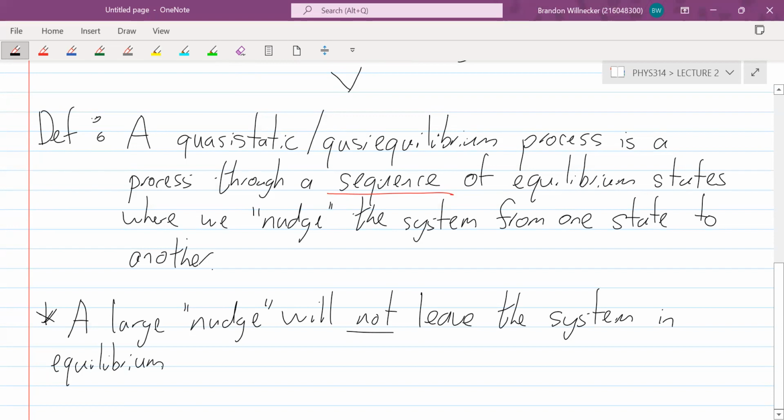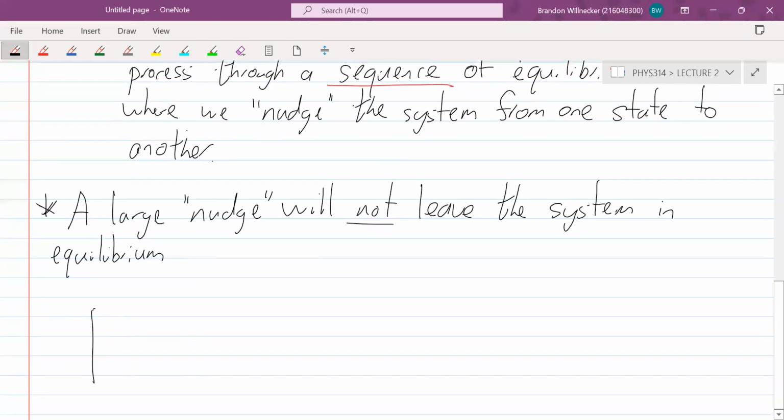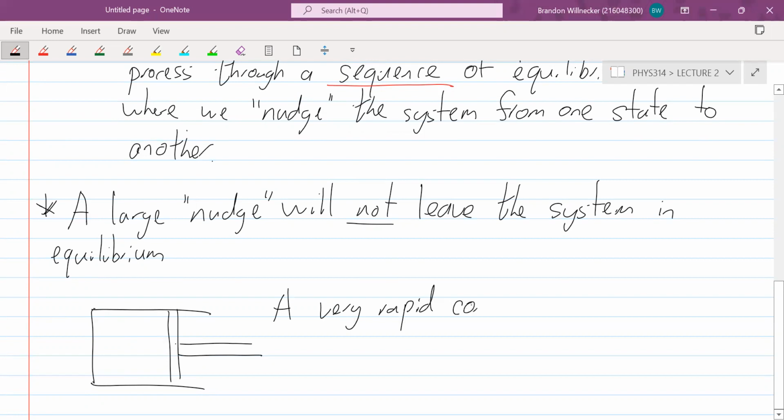So this is kind of like a definition by example. If we consider a container with a piston, filled with gas, and we have a very rapid compression of the gas, a very rapid compression will result in pressure waves.